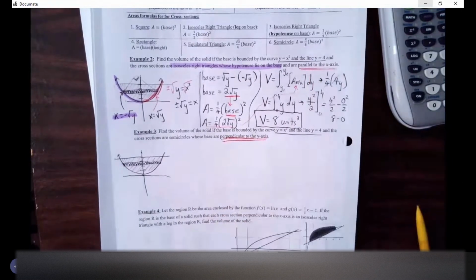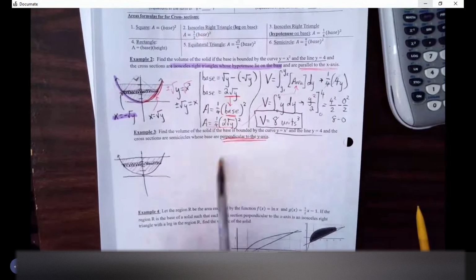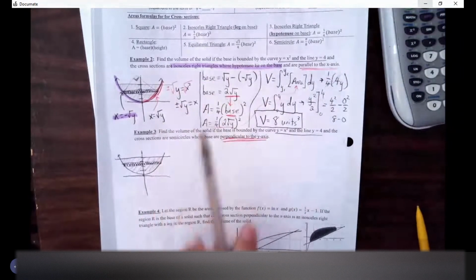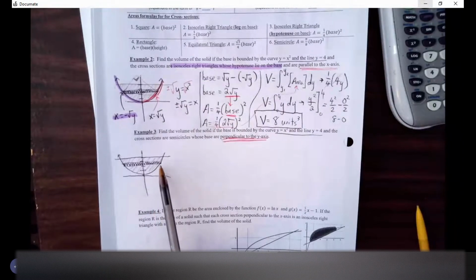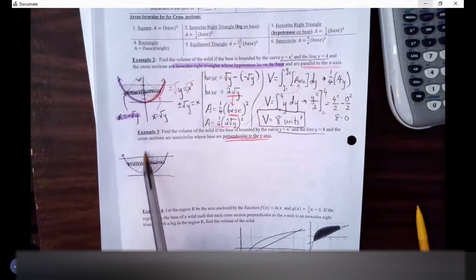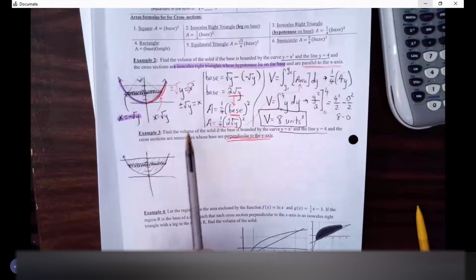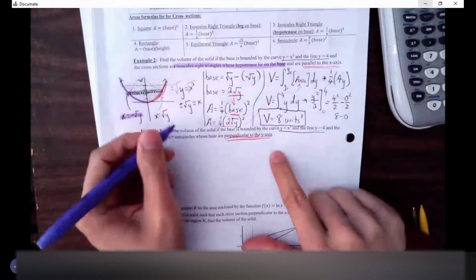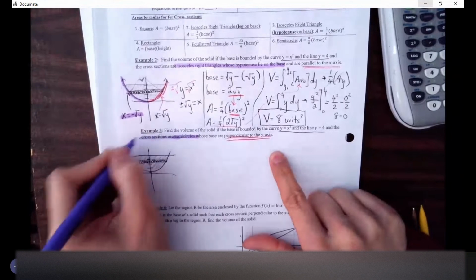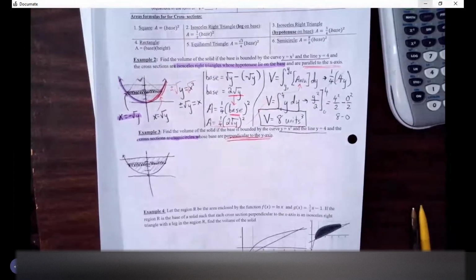All right, so the nice thing is that a lot of things we did for example 2 will just carry over, right? Our base is still going to be right minus left. We're going to be able to use the same base and the same bounds. The only thing different is that our area is going to be different. We're putting into a different area formula, but it's still the same base and same bounds.